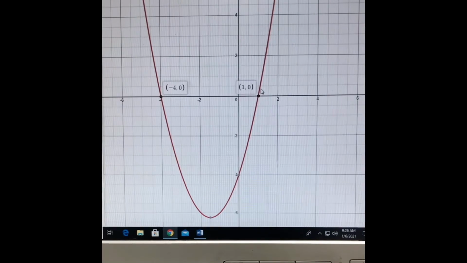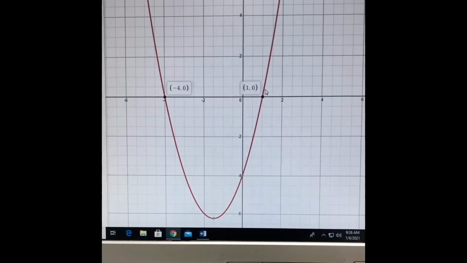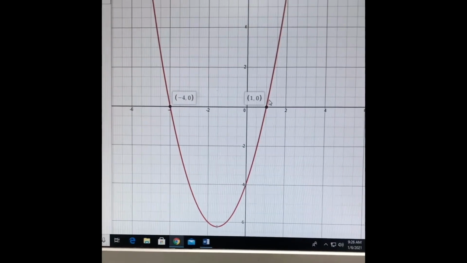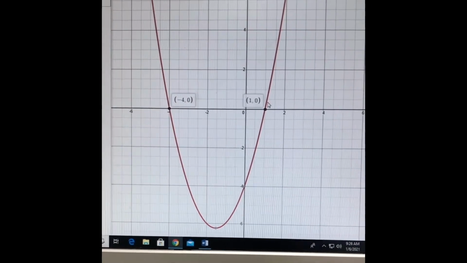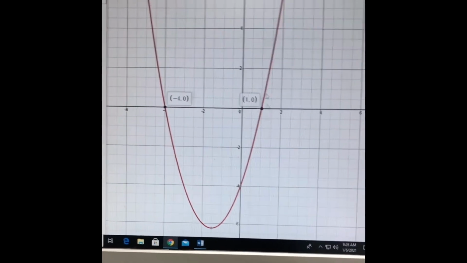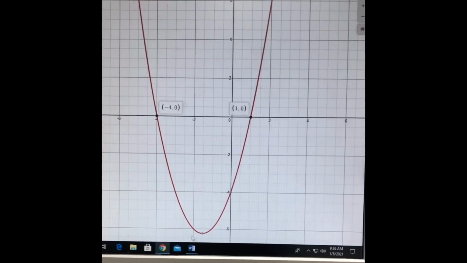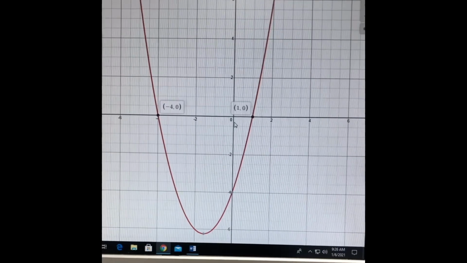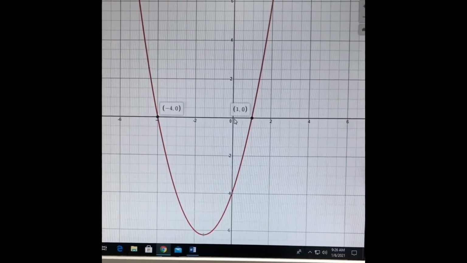Now we want to take those solutions and use those to help us figure out where our inequality is true, okay? Where on our function, this red function, is it greater than or equal to 0 on our y-axis, right?